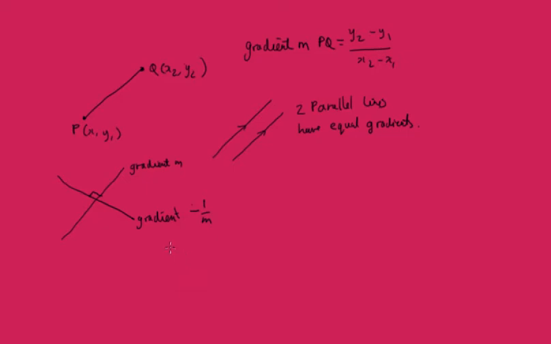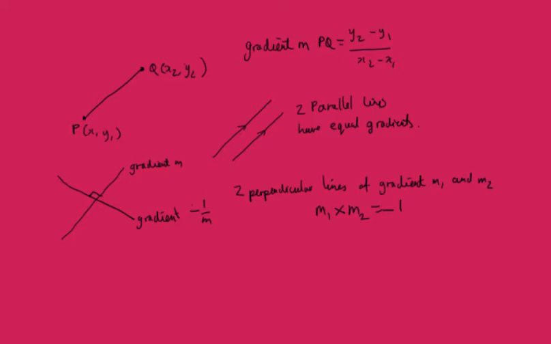We can write this in a different way. We can say if two perpendicular lines have gradients m1 and m2, if we take their gradients m1 times m2, the answer will be minus 1.